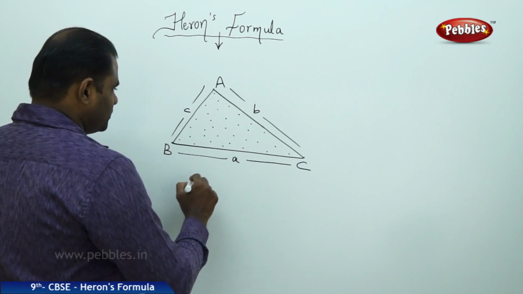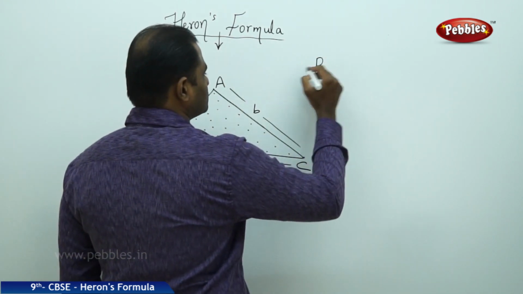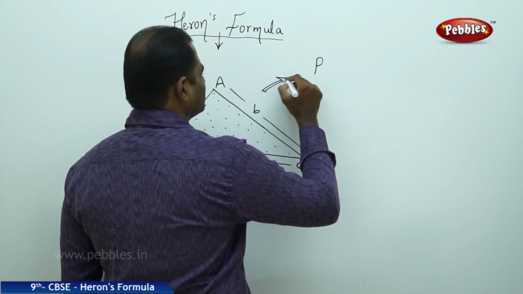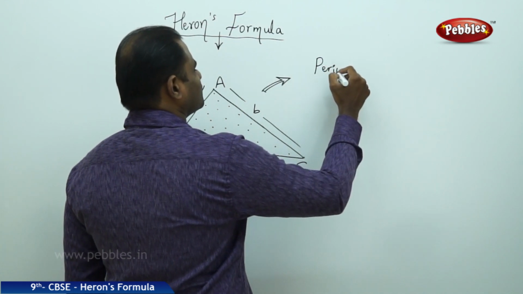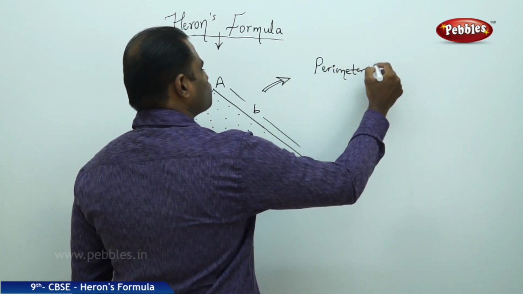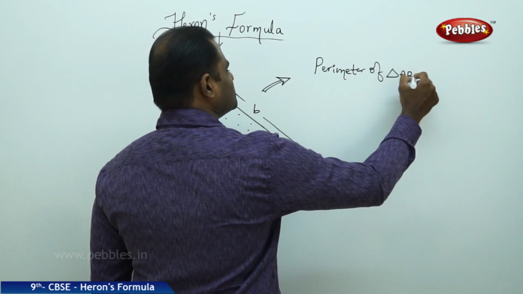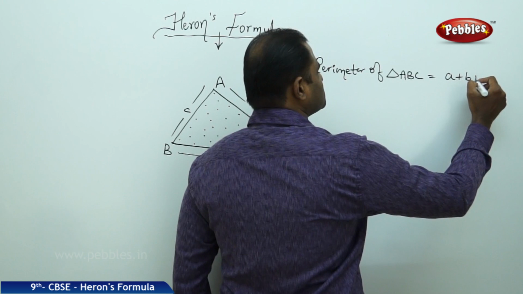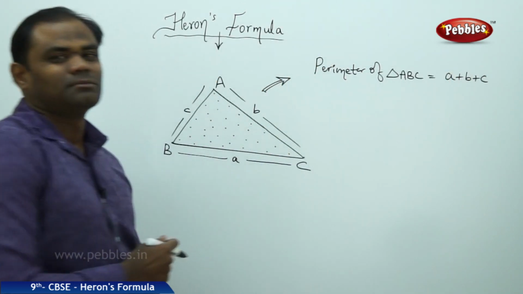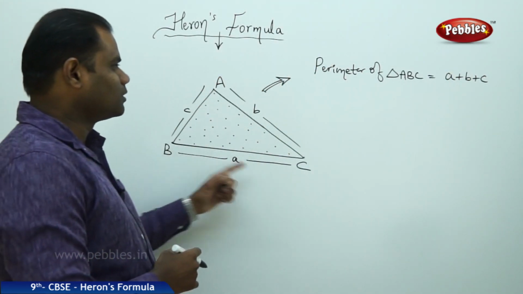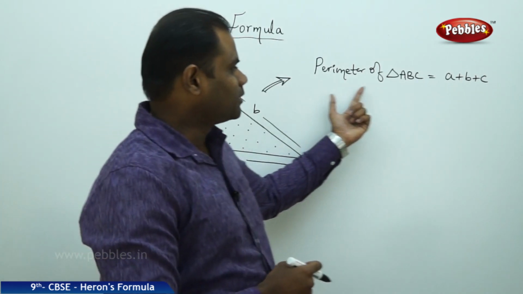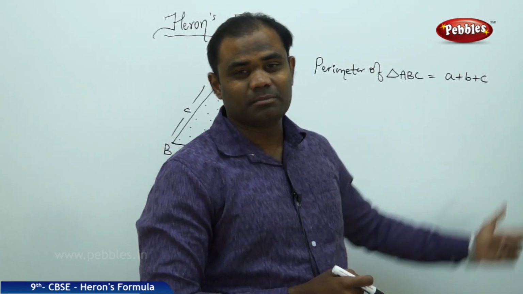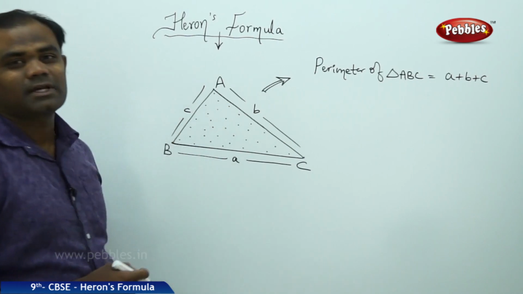Now we know that the perimeter of triangle ABC is A plus B plus C, because perimeter is the length of all three boundaries, the sum of each of the sides.